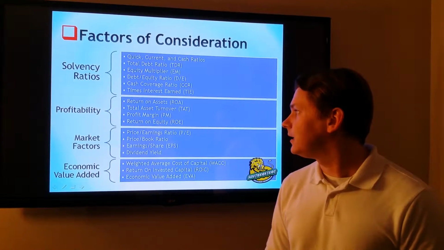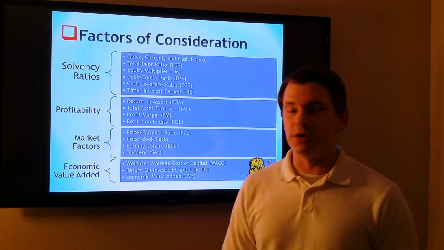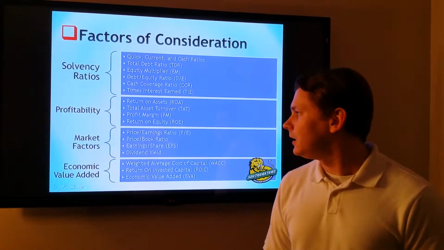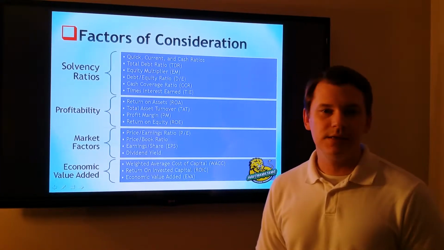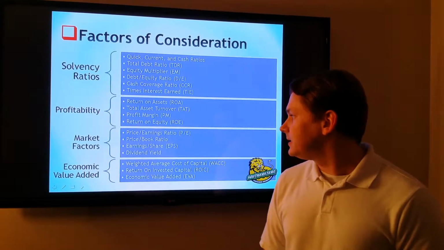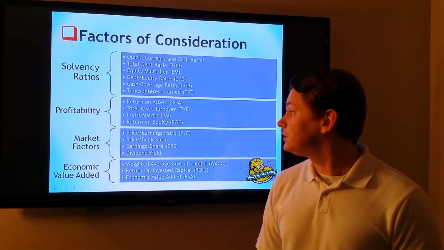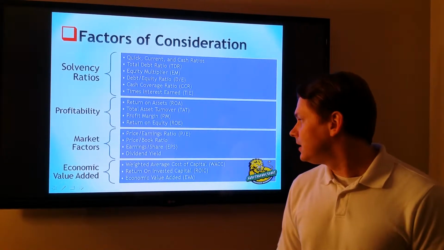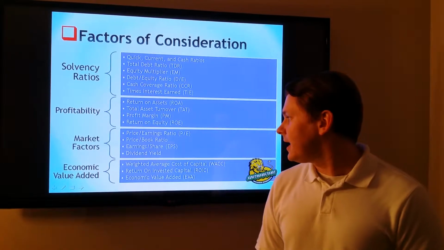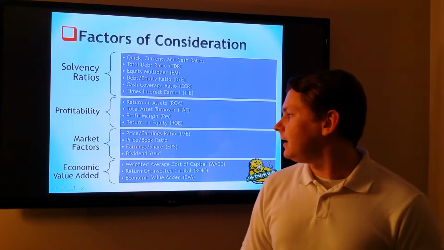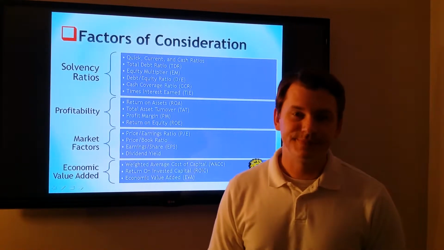Of course, we did break down the ROE into DuPont style to give us an idea of what's driving the numbers. Market-based factors, we looked at PE, price to book, earnings per share, or EPS, our average dividend yield across those 4 years, and then for our economic value added measures, our WACC, our weighted average cost of capital, our return on invested capital, and our economic value added.